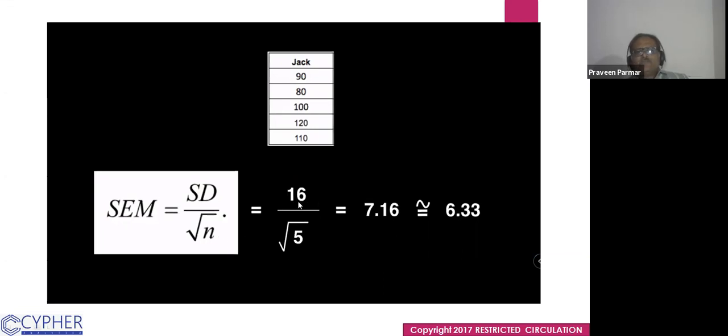So you see the standard deviation of this is 16, and if we divide it by the square root of n, which is 5, we get 7.16, which is near to that 6.33, which we got as the standard error of mean. So that is near about that.